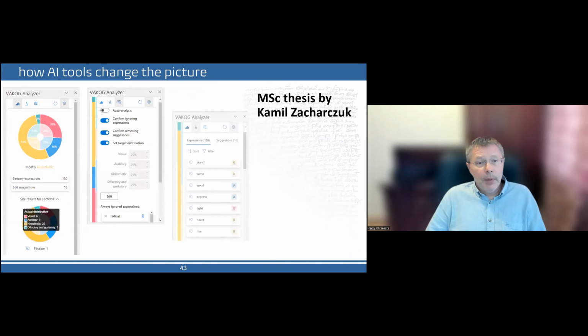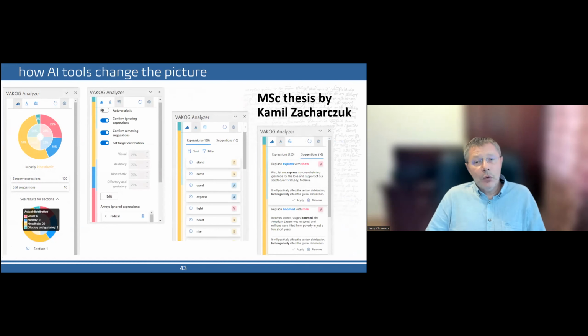Long story short, the plugin recognizes words and phrases relating to particular senses, calculates statistics, and also proposes some replacements selected using machine learning to achieve the required sensory profile. The first kind of obvious choice is to equalize.